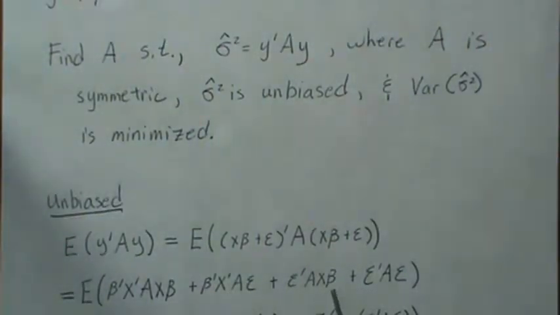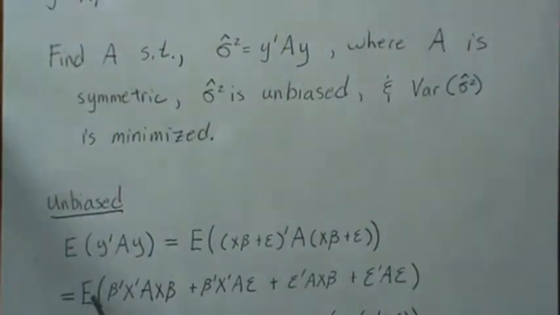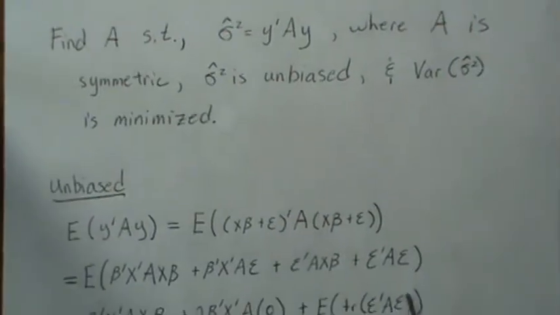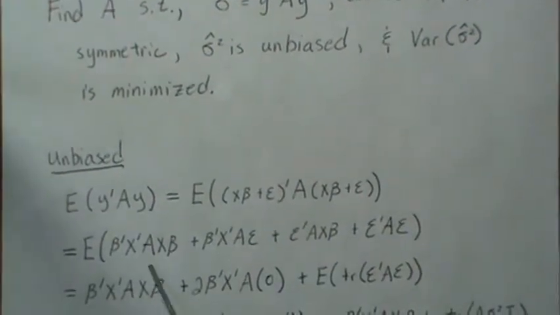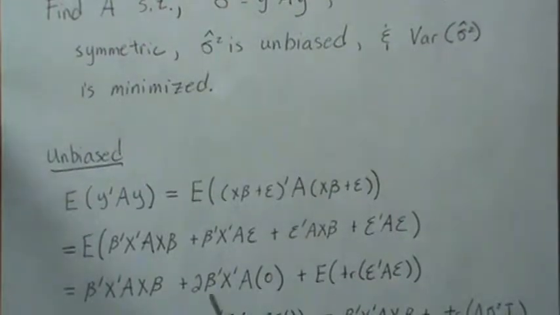So this and this are actually equal. If you take the transpose of this, which is 1 by 1, those are the same, so it's 2 times this. And then when we distribute the expectation in, this is a constant, the expected value of that is 0, so that goes away.